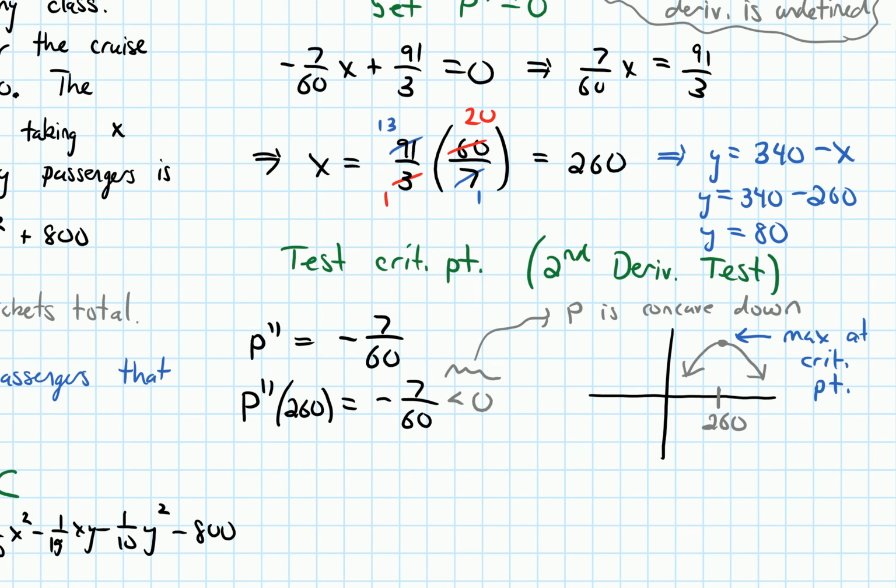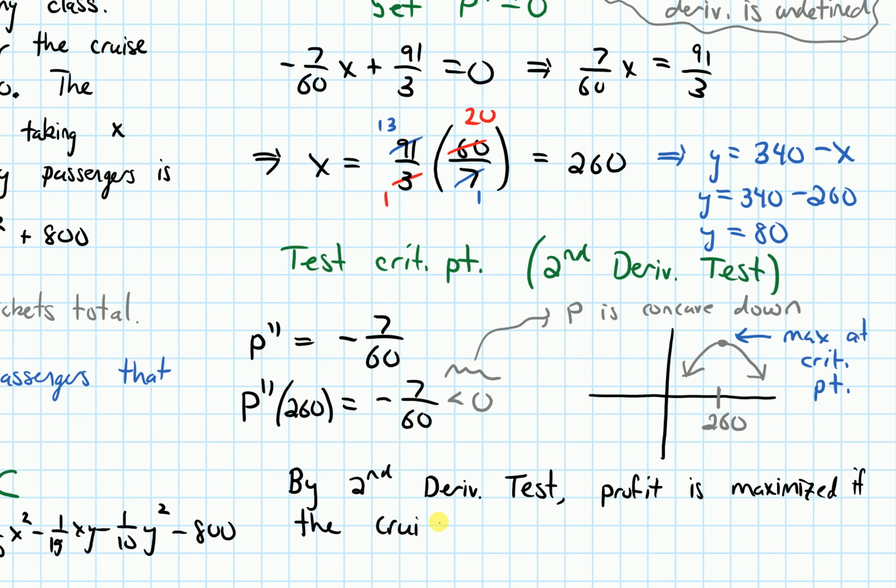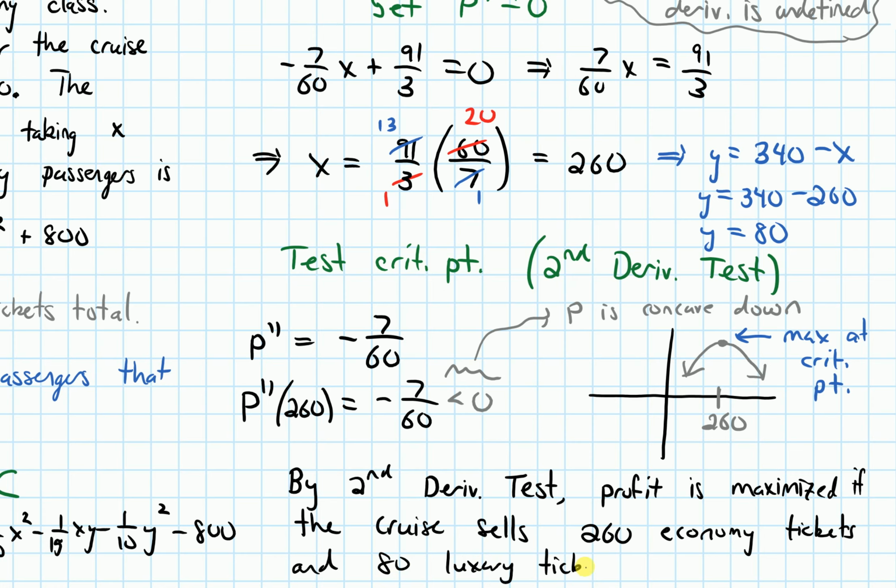So now we just write a sentence stating our conclusion. So by the second derivative test, the profit is maximized if the cruise sells 260, that needs to be x, so that's economy tickets, 260 economy tickets, and 80 for y, that's the number of luxury tickets, and 80 luxury tickets.